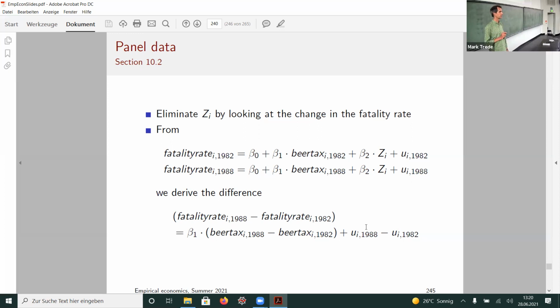It's not just cultural attitude, it's all variables that are constant over time. And that's a lot. Yeah? So that's really a very good trick.